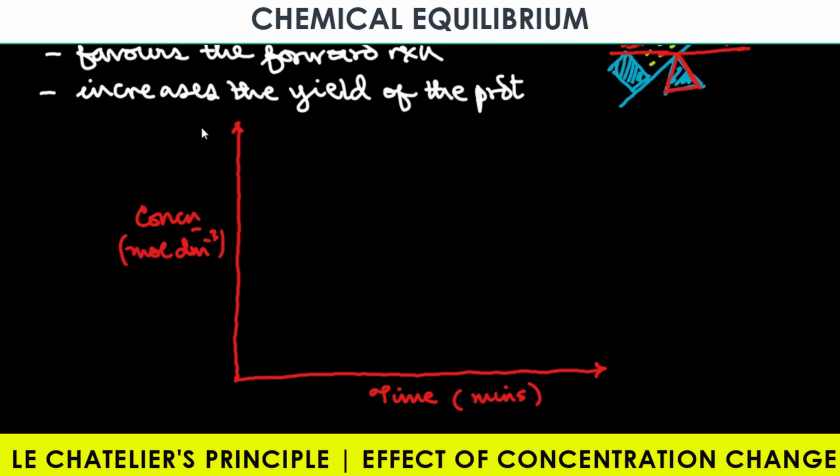At the beginning of the reaction at t equals 0, the concentration of the reactant is maximum, is it not? And as the reaction progresses, it decreases until it levels out, right? So this is the reactant.